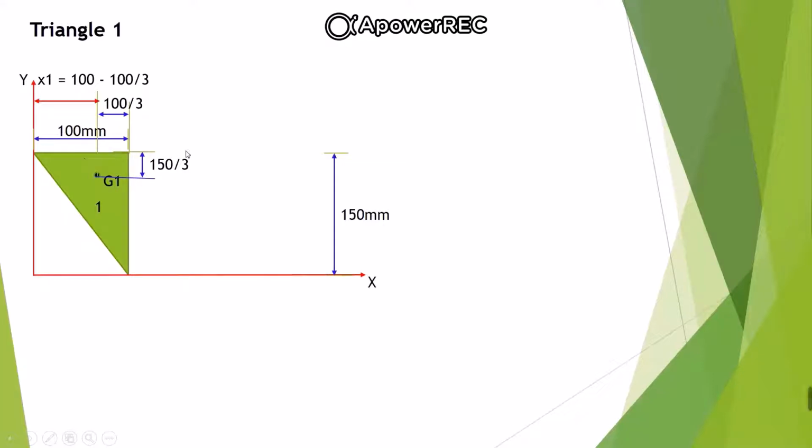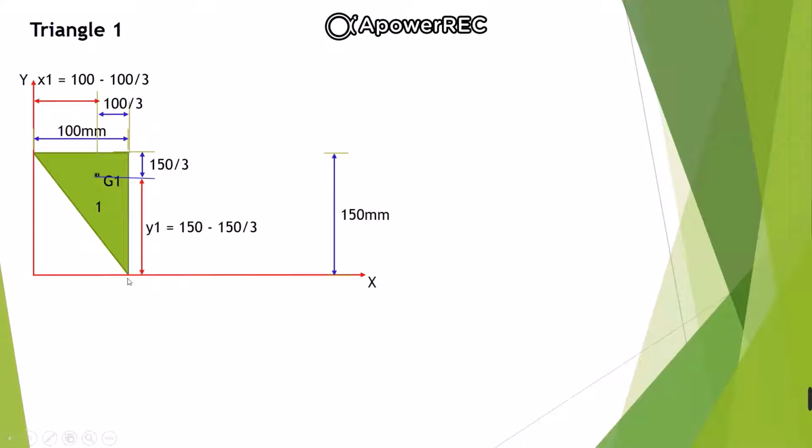But what is x1 and y1? x1 is the distance of this G1 from the y-axis. Now how will you get x1? We know this distance is 100 by 3 from the right 90-degree corner. So the balance length will be 100 minus 100 by 3. That is x1.